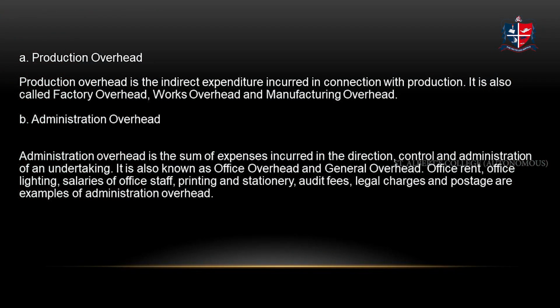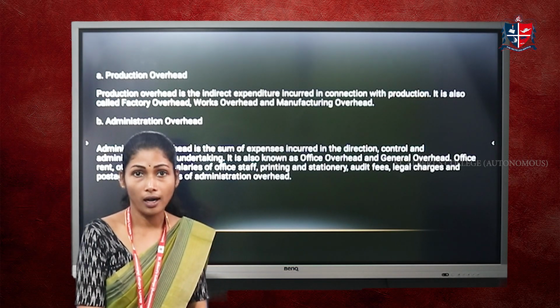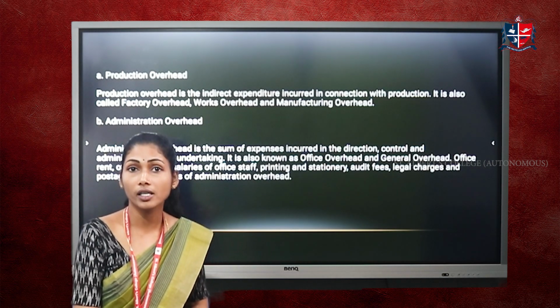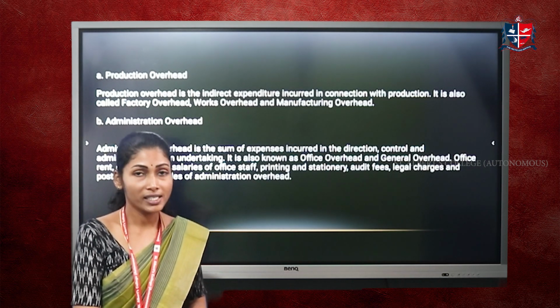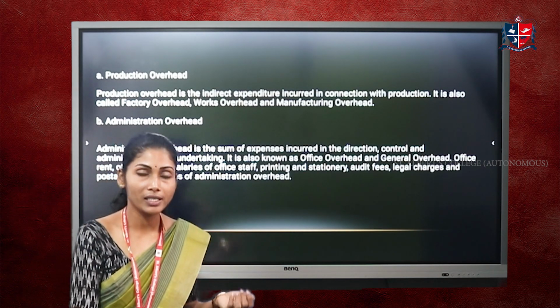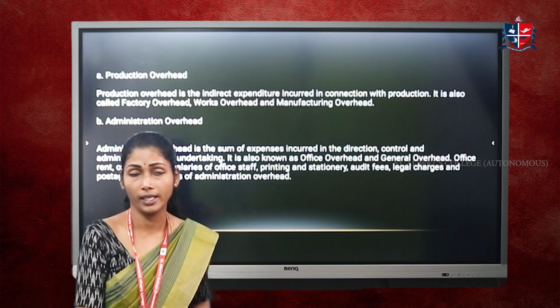Second one is administration overhead. Administration overhead means all the indirect expenses in connection with the direction, control and administration of an organization, which is mainly related to the office activities or administrative activities of the organization.